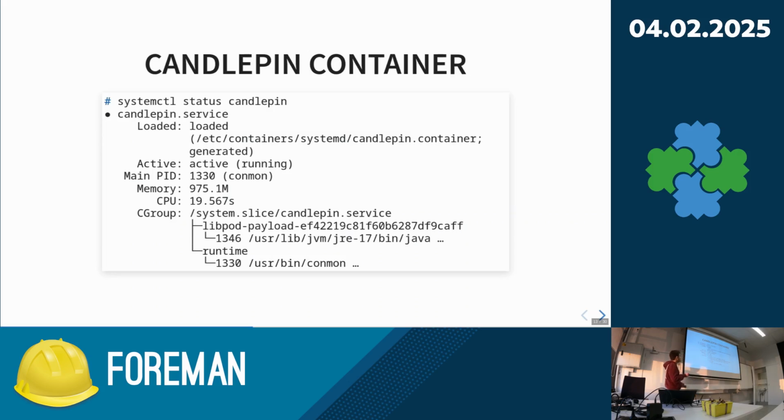And if you look at the process output in the cgroups, you see there's a libpod thing and a conmon, which does a lot of things in the background for us, and it just works. But the important part is we have our Java application, like our Tomcat, that's running and is accessible from the outside. Pretty nice.